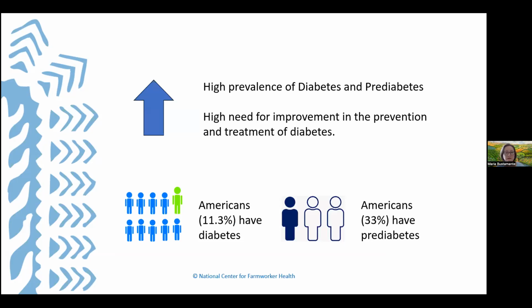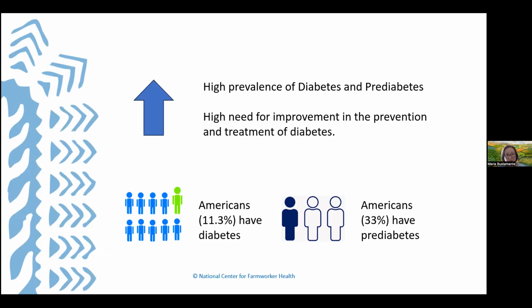So it's putting a really high pressure on staff and on yourself, and forcing us to work efficiently and more innovative as well. There's a high need for improvement in the prevention and treatment of diabetes. We know that 1 in 10 Americans have diabetes, which is a huge number.